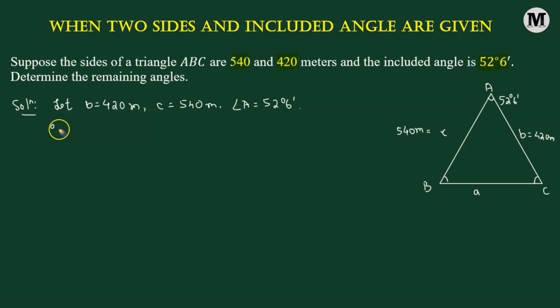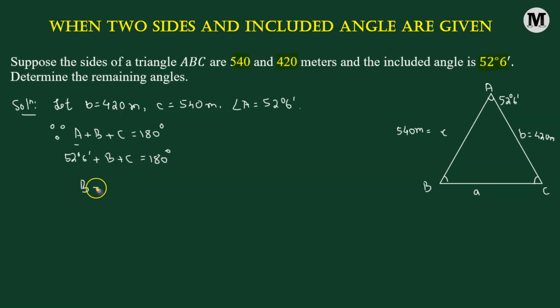Okay, so what we'll do here, first we are going to make use of the fact that the sum of the three angles of a triangle is 180 degrees. So A plus B plus C is going to be 180 degrees. Now we have the angle measure of A given to us, so that's 52 degrees and 6 minutes added to the angles B and C equals 180 degrees.